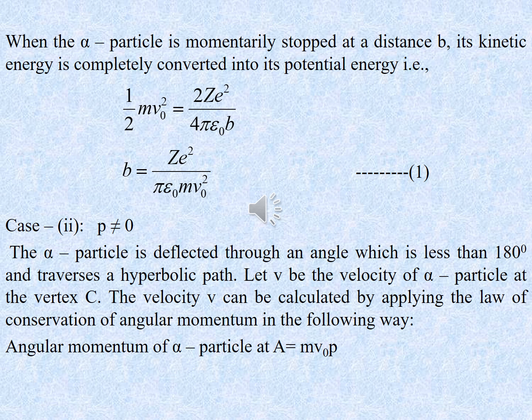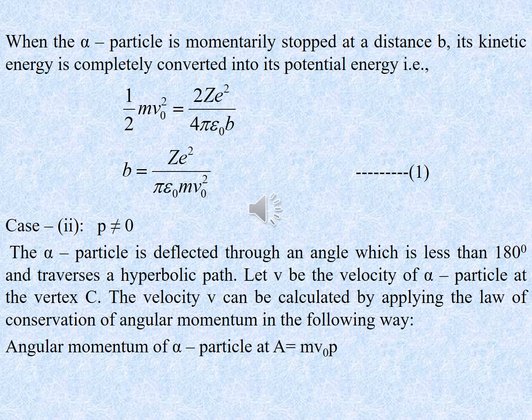When the alpha particle is momentarily stopped at a distance b, its kinetic energy is completely converted into potential energy. So half m v naught square is equal to 2Ze square by 4 pi epsilon naught b. So b is equal to Ze square by pi epsilon naught m v naught square. That is equation 1.